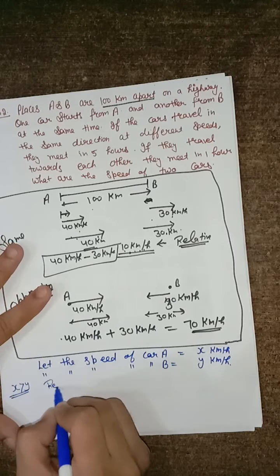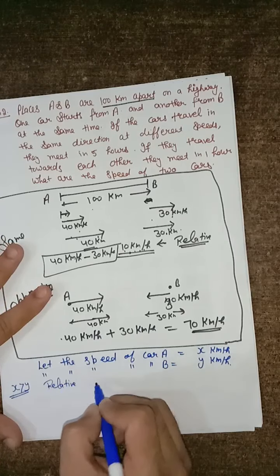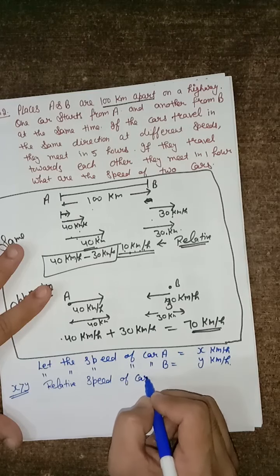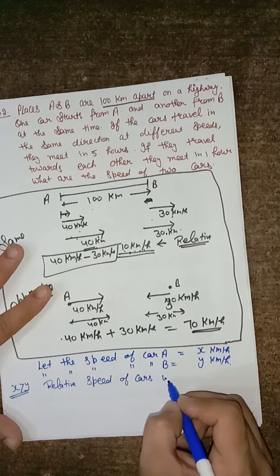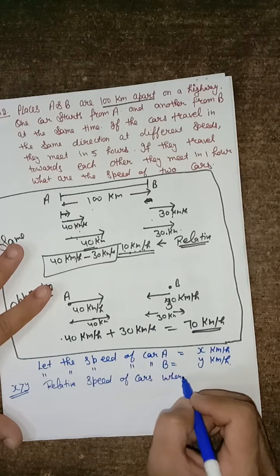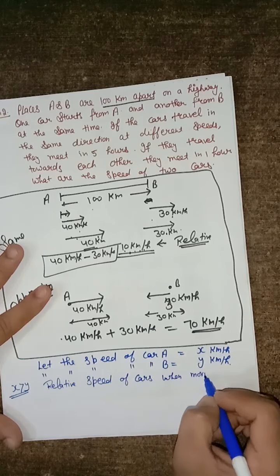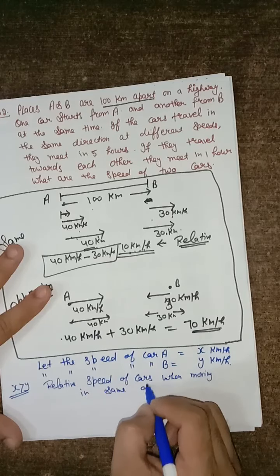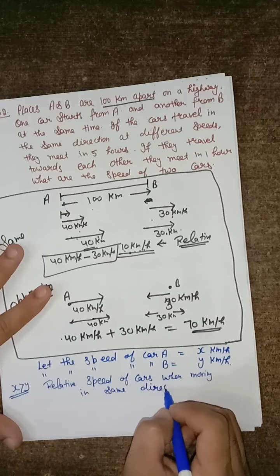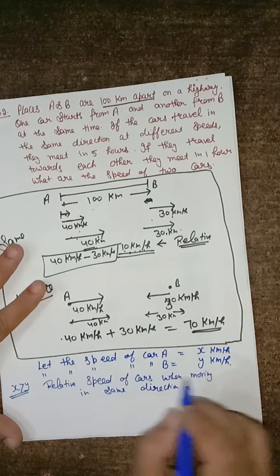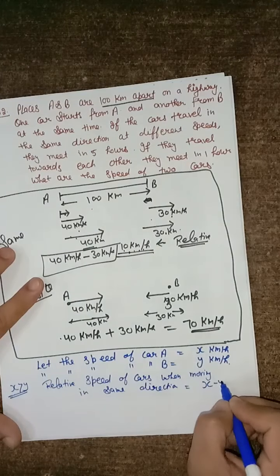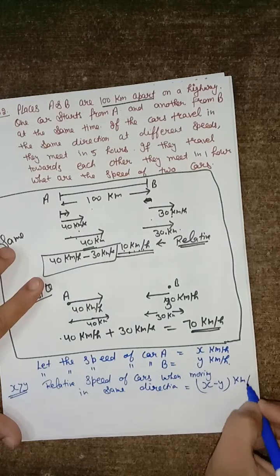So the relative speed of cars when moving in the same direction will become, in the same direction my speed will get subtracted, x minus y kilometers per hour.